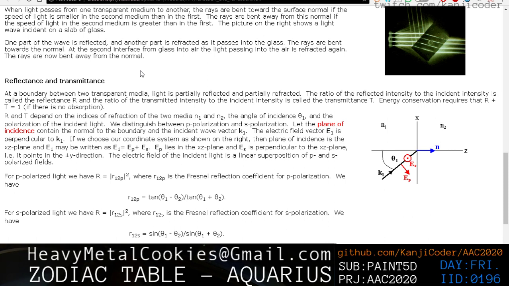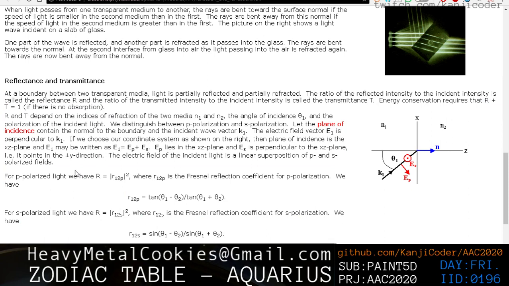If there's absorption, then R plus T would be less than 1, but no matter what, it shouldn't be greater than 1, if I understand this correctly.